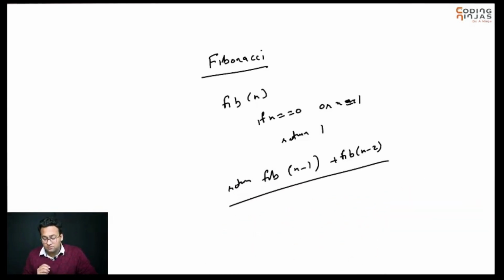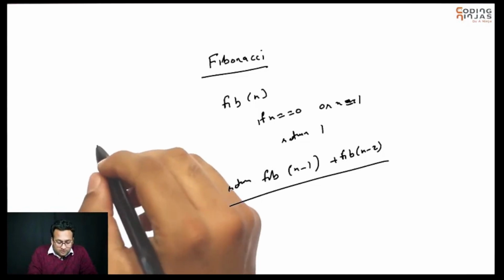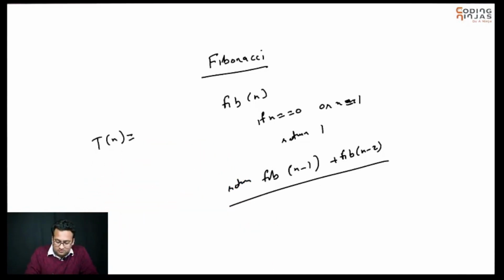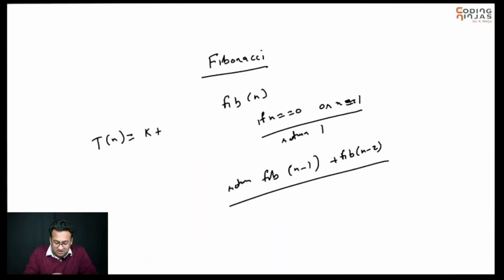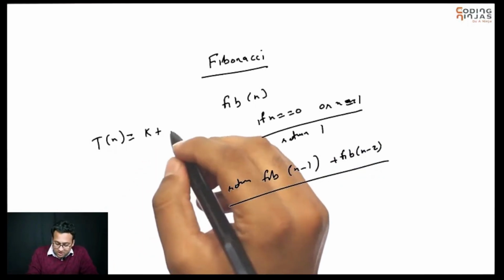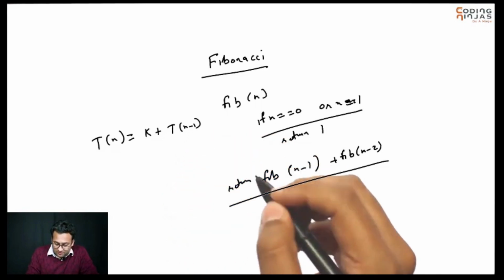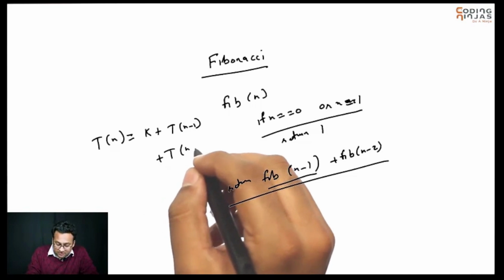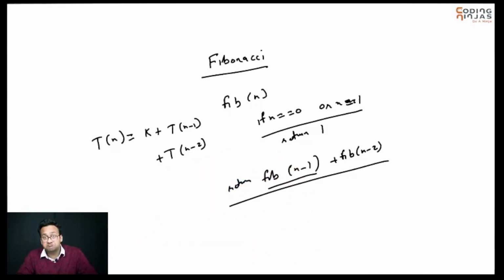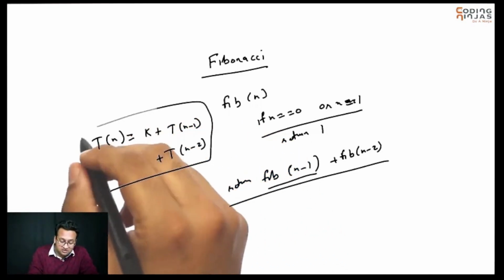Now, extremely simple code, right? If you look at it, T of n, you're just checking something. So, some constant k plus T of n minus 1, because you're calling fib of n minus 1, plus T of n minus 2, right? The recurrence relation is as simple as this.